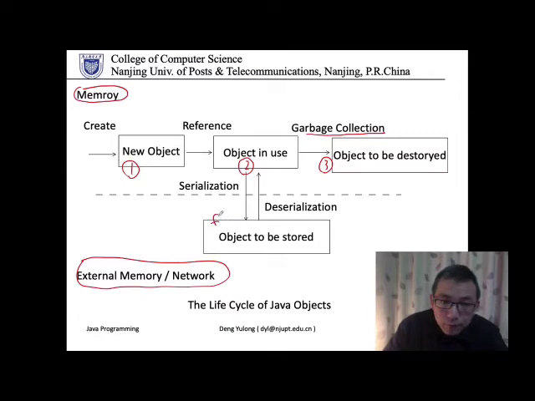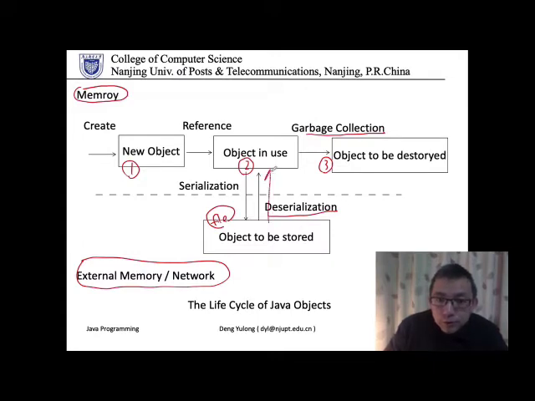Now we have a file. We use this format to store the data inside the object. And in the future, or in another place, we can use the serialization technology to reconstitute the object based on the data stored in the hard disk.